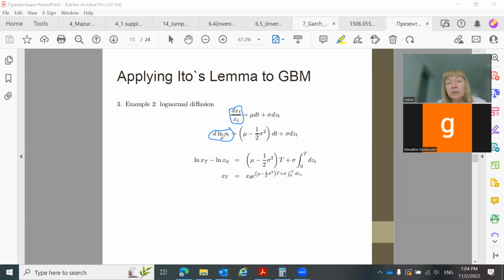After that, we need to apply Ito's lemma, because our function g, in our case, is ln x_t.